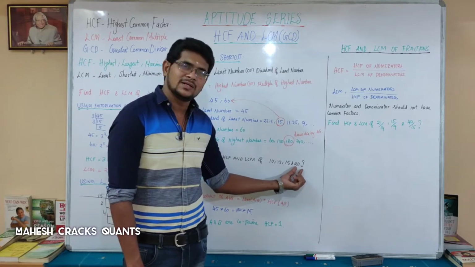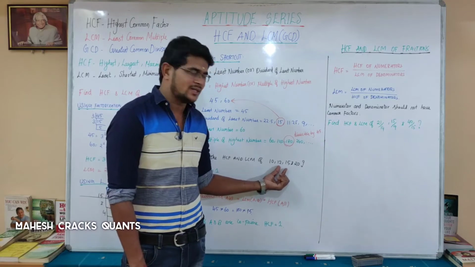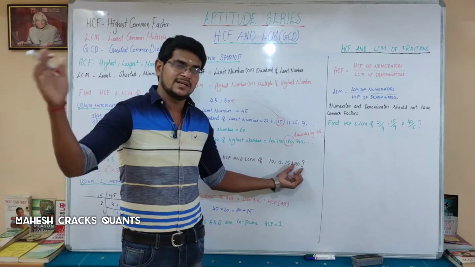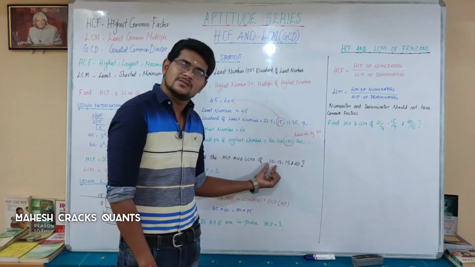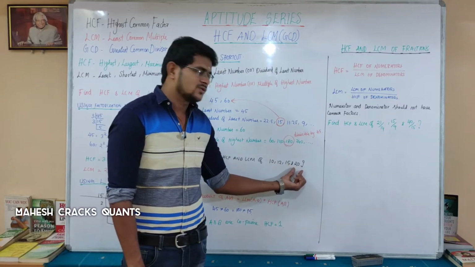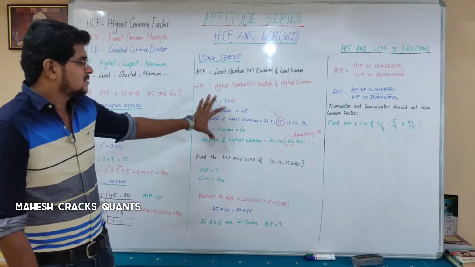The next multiple of 20 is 40, which is divisible by 10 but not by 12. The next multiple is 60: 20, 40, 60, 80 and so on. 60 is divisible by 10, by 12, and by 15. So 60 is the LCM. You can use this method.